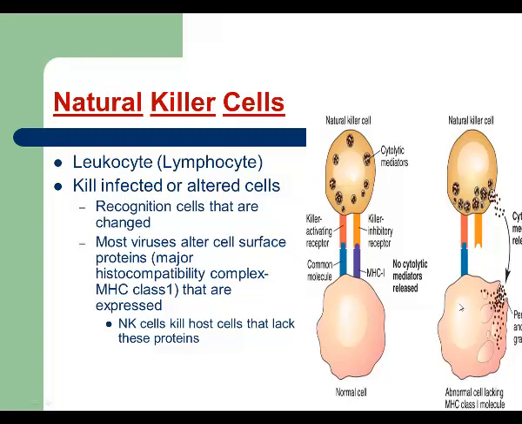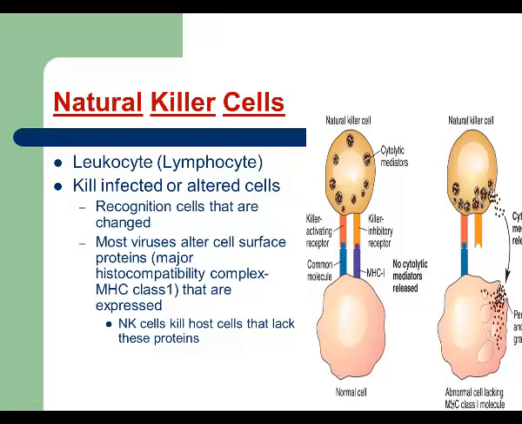So as I said, if natural killers recognize changes in MHC class 1 proteins on the surface of the cell, they will secrete perforins, and this way they will destroy that abnormal or infected cell.